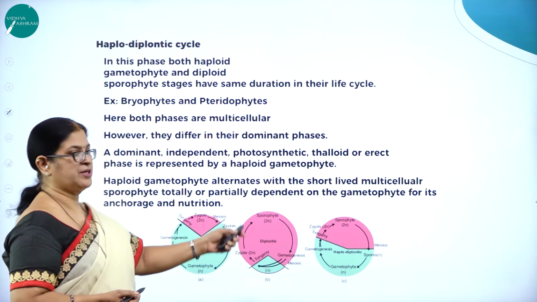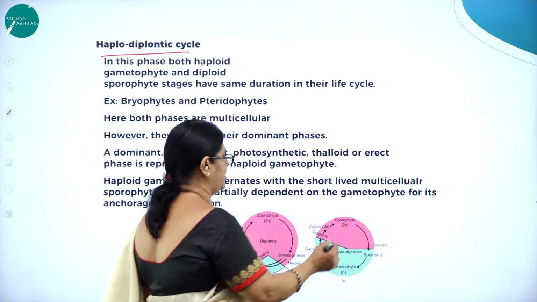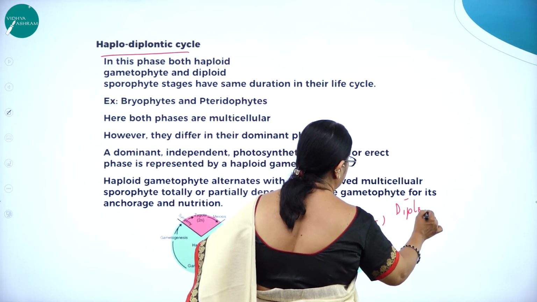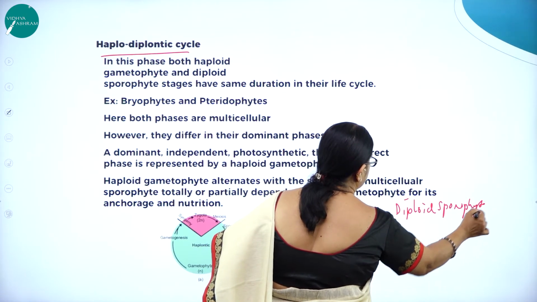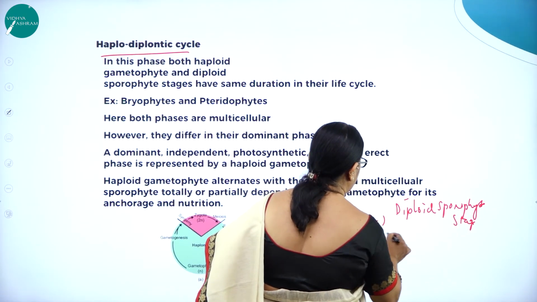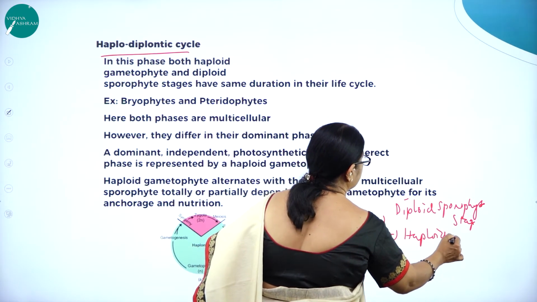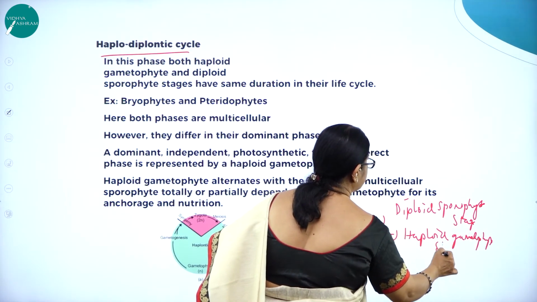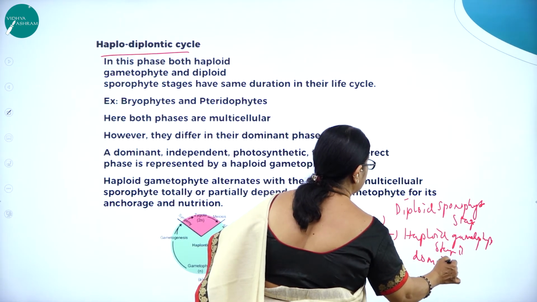Moving on to the last but one, that is haplodiplontic life cycle. Here you can see both are equal. Here both, that is the diploid sporophyte stage as well as the haploid gametophyte stage is dominant.